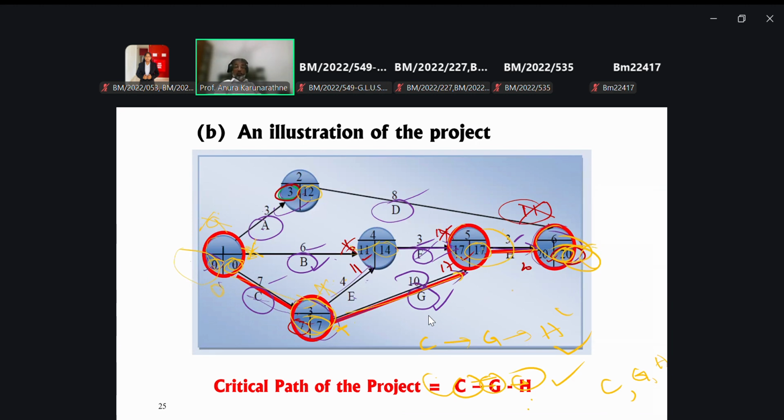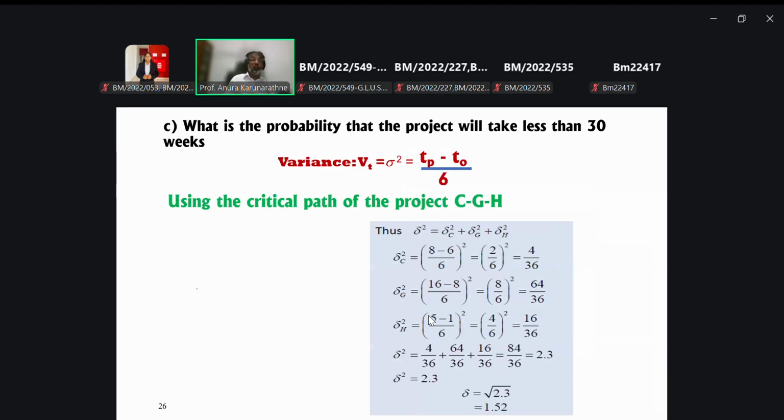What we are asking here, what is the chance for now? Now if I draw this one, this is our curve, normal curve, right? As per the normal curve, 0.5 on the left side, another 0.5 on the right-hand side.